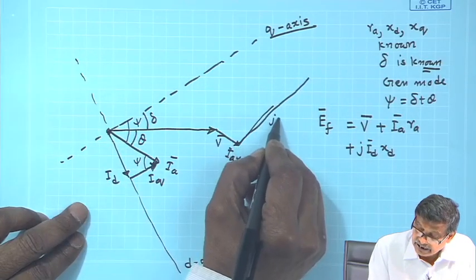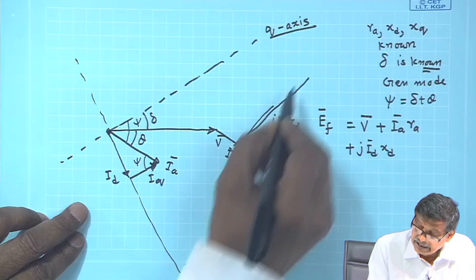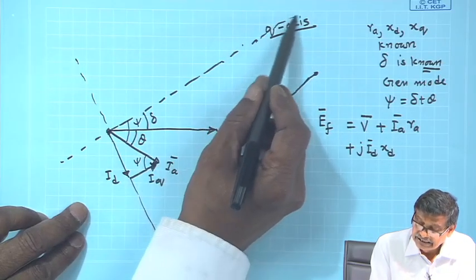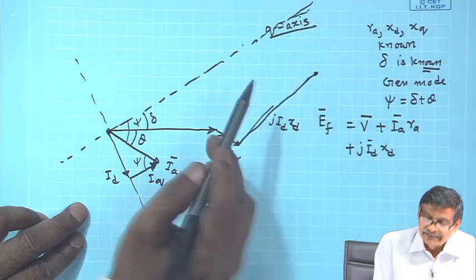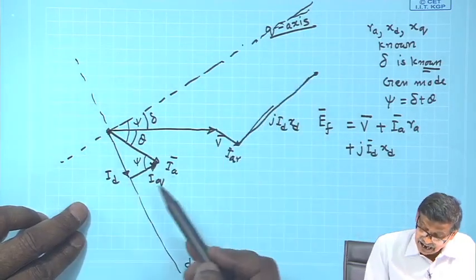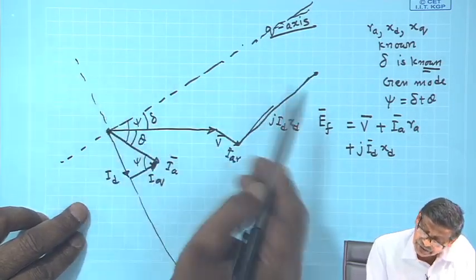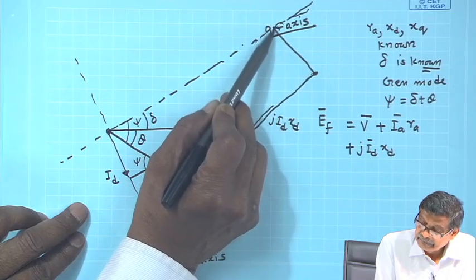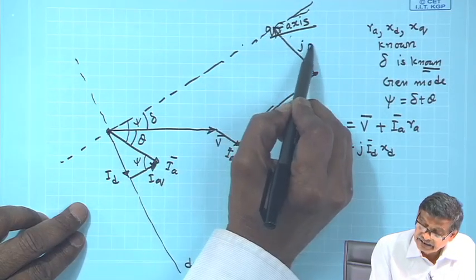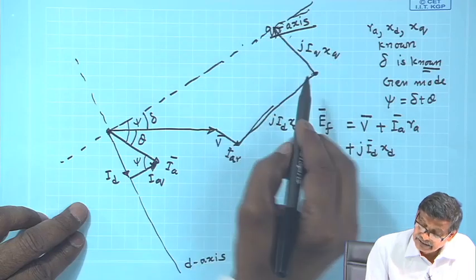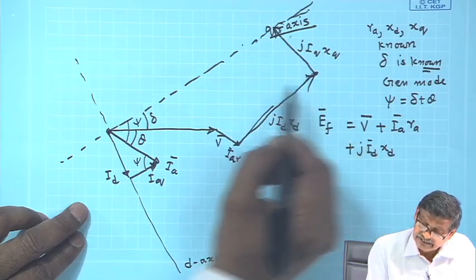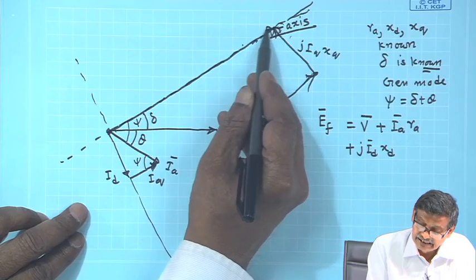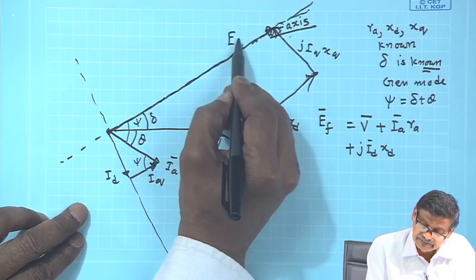Once I get there, everything is in place. I mean, I q x q will be j I q x q, and this is j I d x d, and then I will say this is E f.